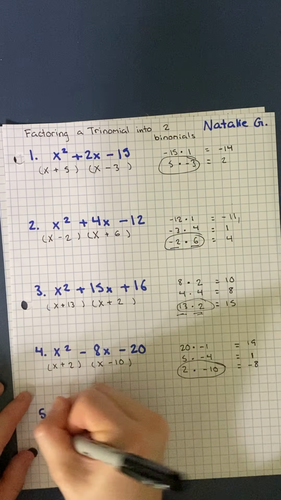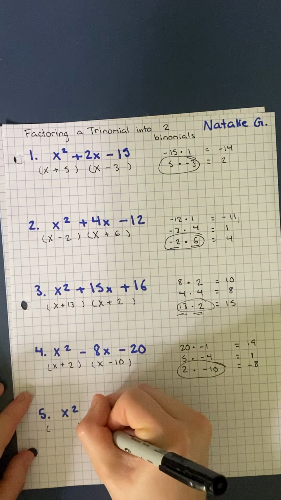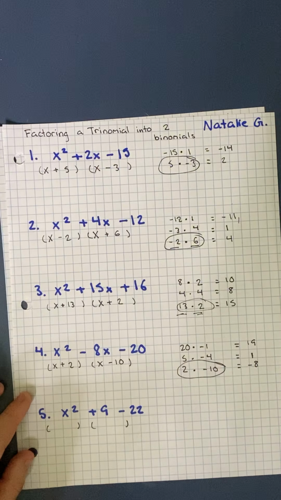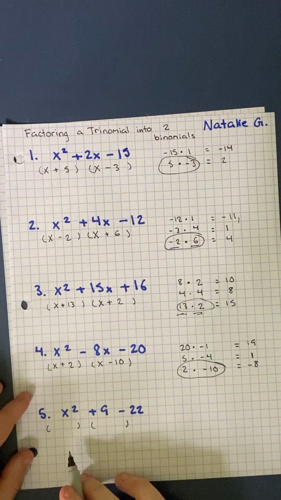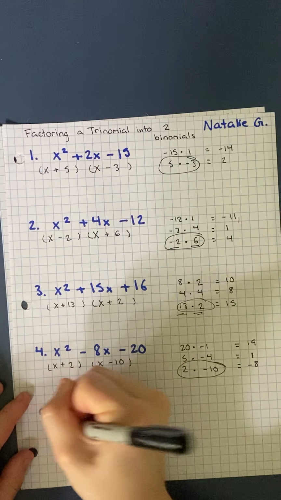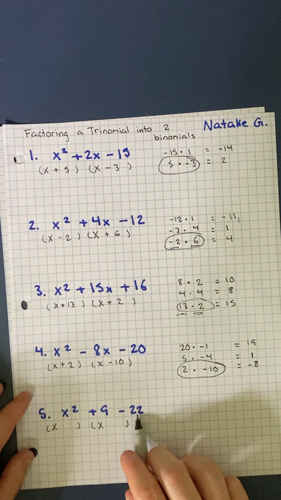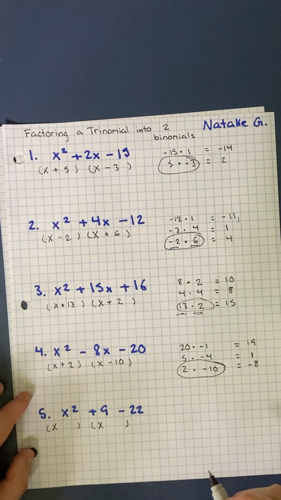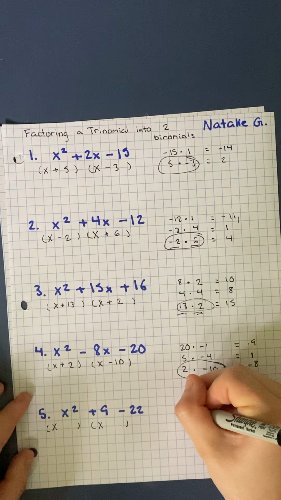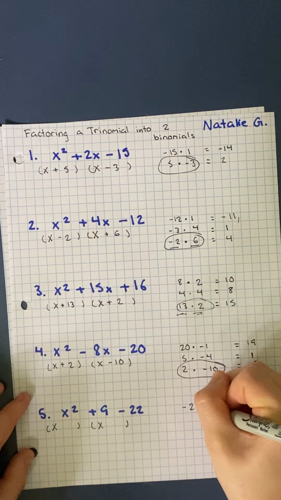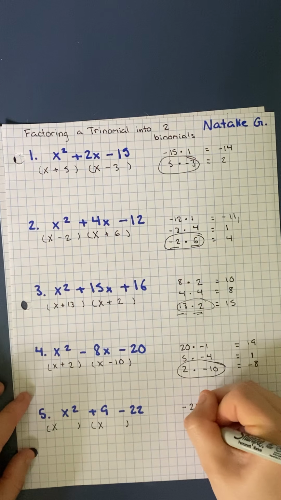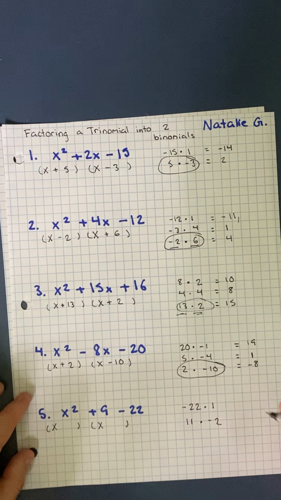And for the last one, put the parentheses again, separate your x, skip your middle number, and move on to your third number. All the ways you could get this would be -22 times 1, or 11 times -2.